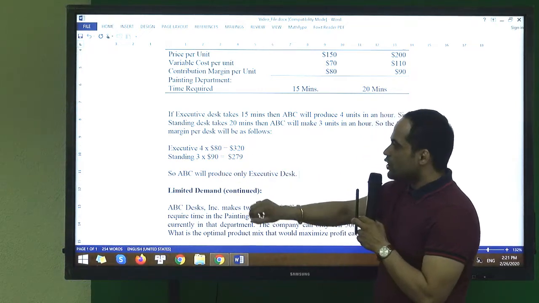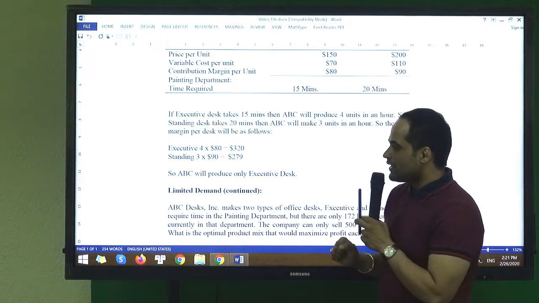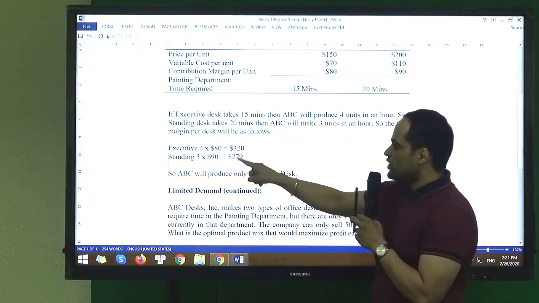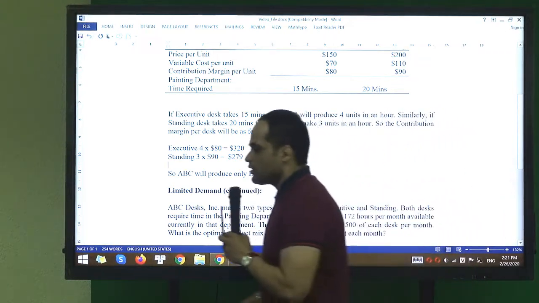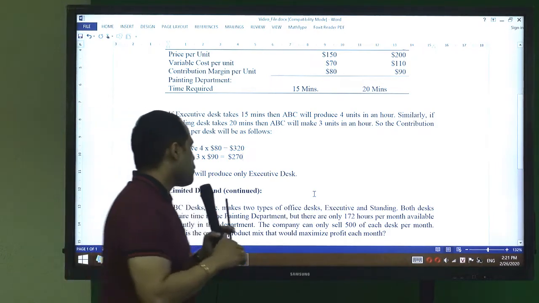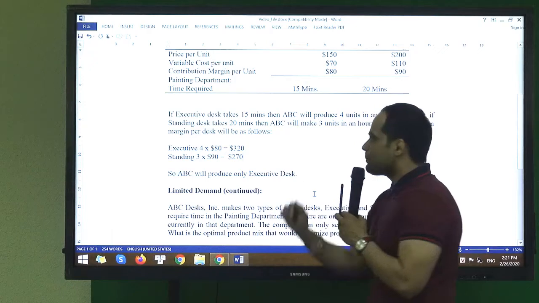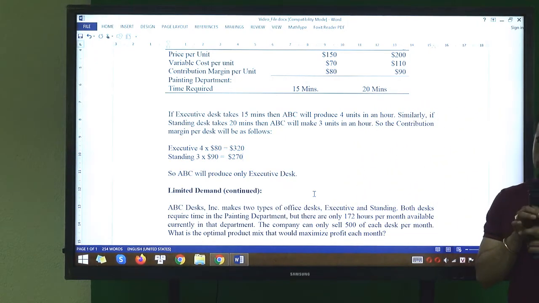So what does it mean? Contribution margin for executive is 320 and contribution margin for standing is 270. Actually it's 270, not 279. So we should produce executive product first.